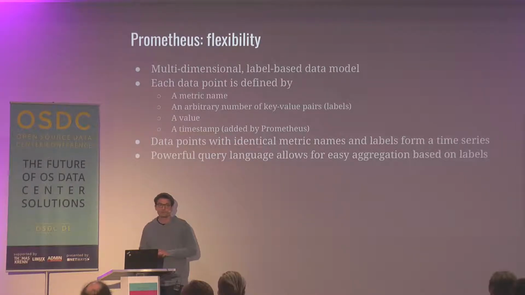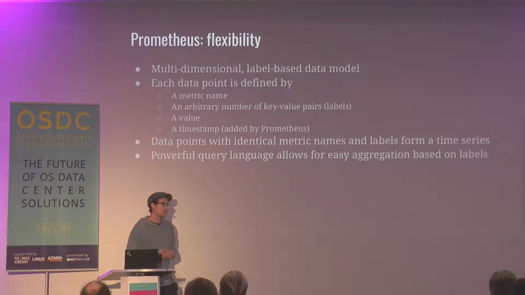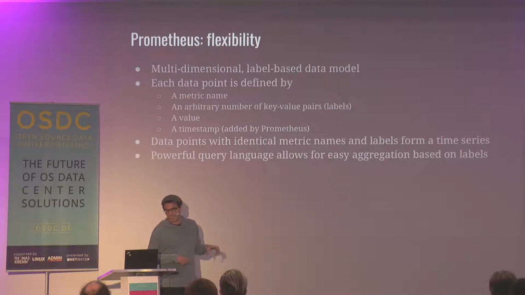In this model, all data points that have an identical metric name and labels form a time series. And on top of this, you have a powerful query language called PromQL that allows for easy queries and aggregation of metrics based on these labels.